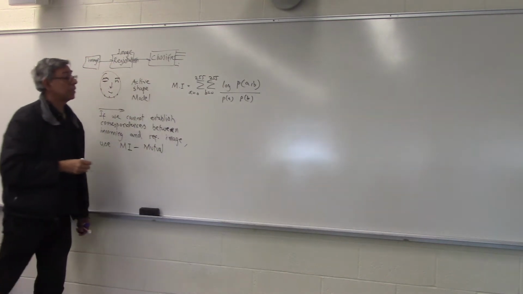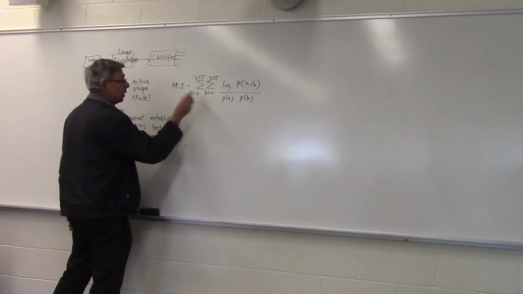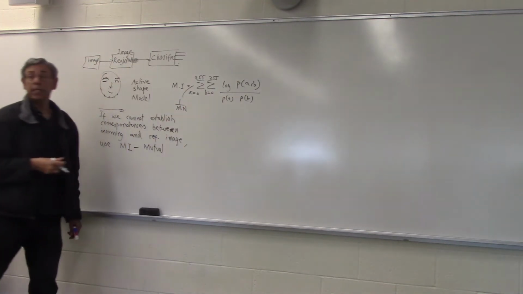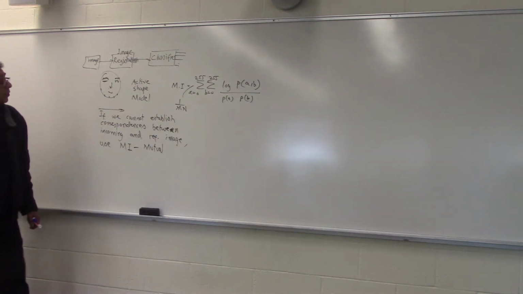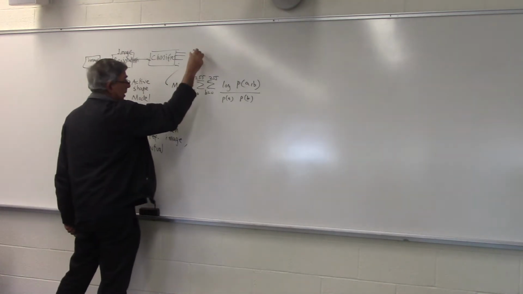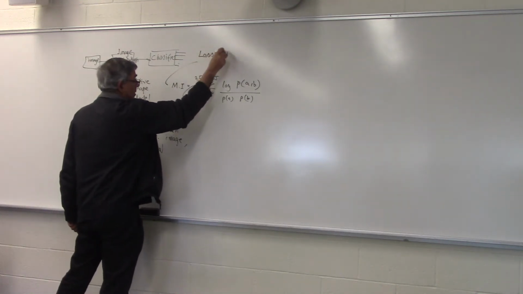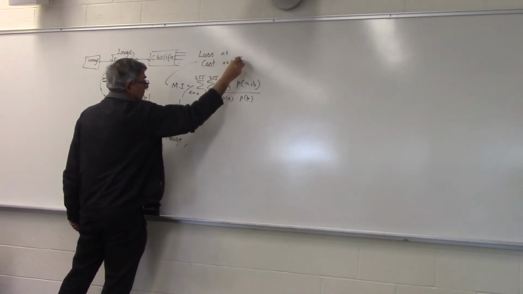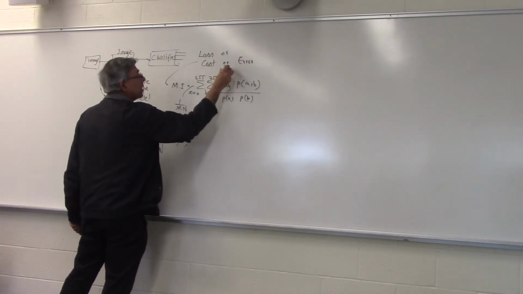And I think there was a scaling factor over here, the width and the height of the image. So basically we can set this as a loss function, or cost function or error function, however you want to think of it.